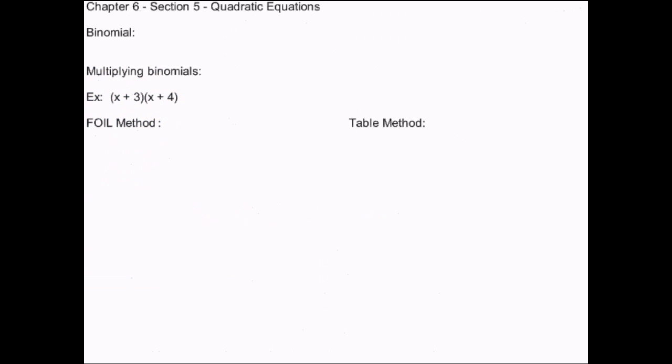A binomial is a polynomial with exactly 2 terms. The prefix bi means 2, bicycle, 2 wheels, bifocal, 2 focuses in your glasses. When we multiply binomials, we can use the FOIL method or the table method.